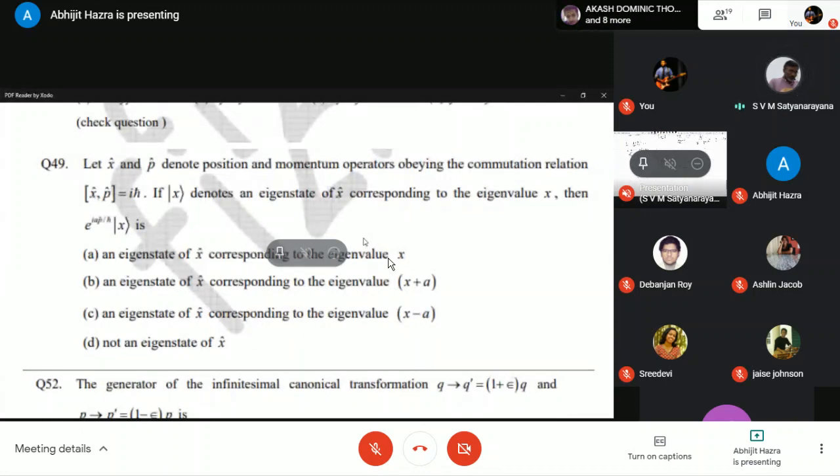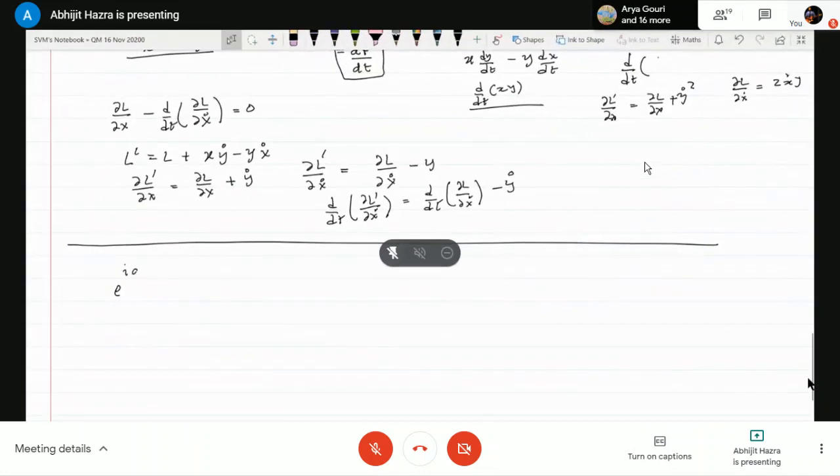Remember this operator. So it is e to the power i a p by h bar. Now the momentum operator.